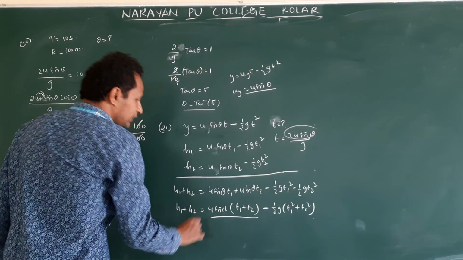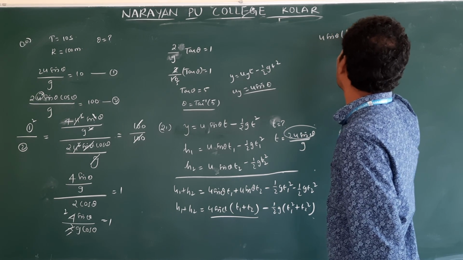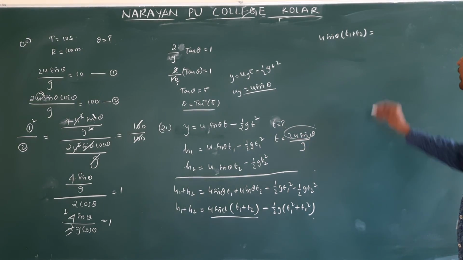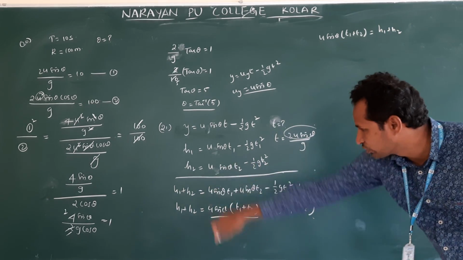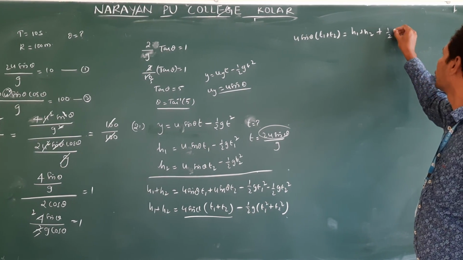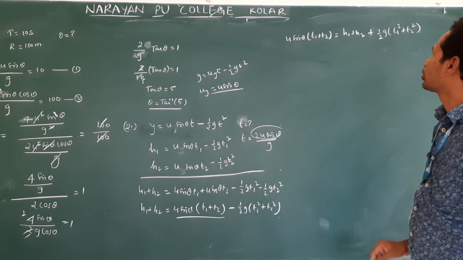From this, you make it the subject. Then u sin theta times t1 plus t2 is equal to, what do you get? h1 plus h2, this minus goes to that side and becomes plus 1 by 2 g times t1 square plus t2 square.